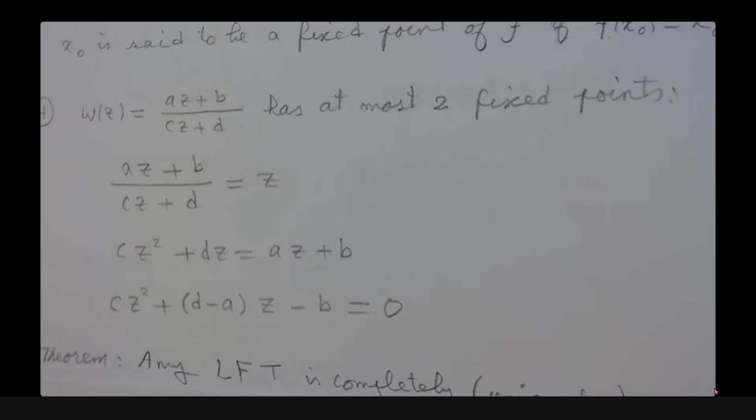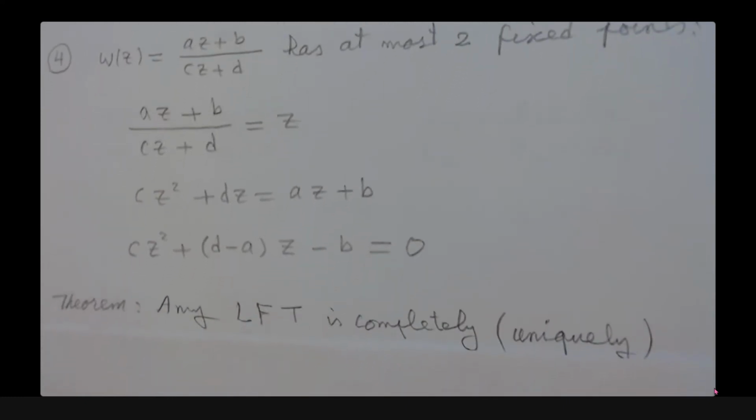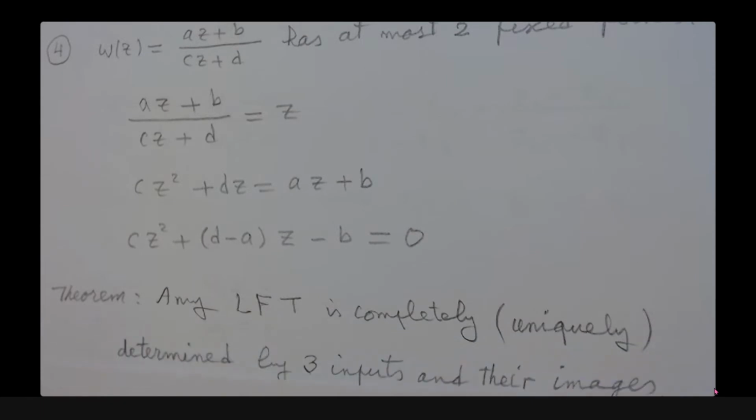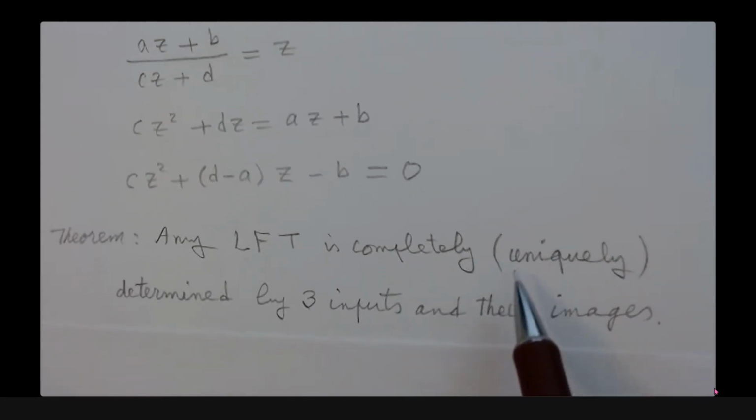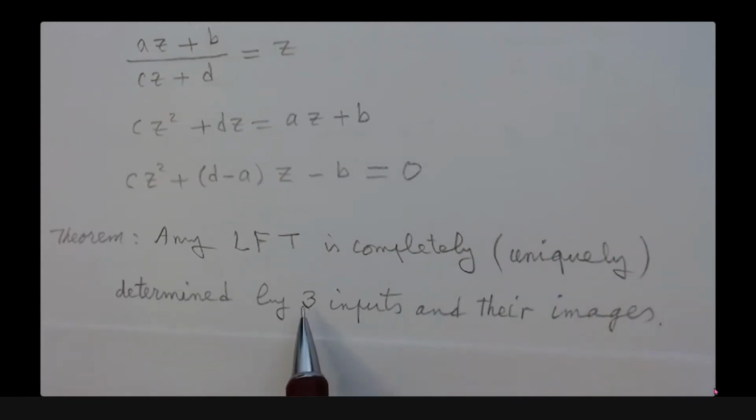Okay. Now I'm going to put all these four observations together, in order to prove this result, that whenever you have a linear fractional transformation, this linear fractional transformation is completely and uniquely determined by 3 points and the images of these 3 points.